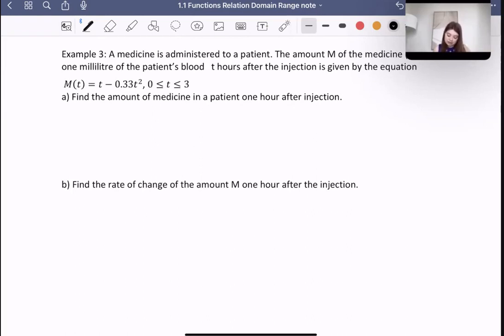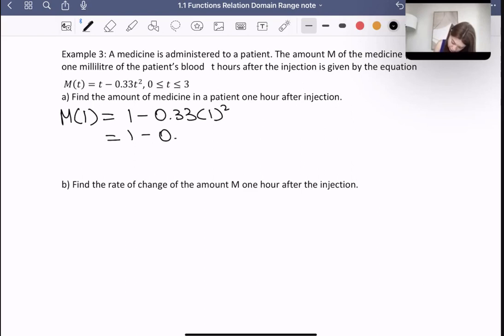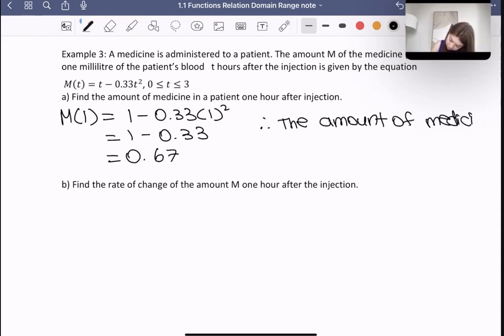So to do this, all we have to do is sub in the value of 1 into the equation, which is going to be 1 minus 0.33, which is 0.67. So therefore, the amount of medicine after 1 hour is 0.67.